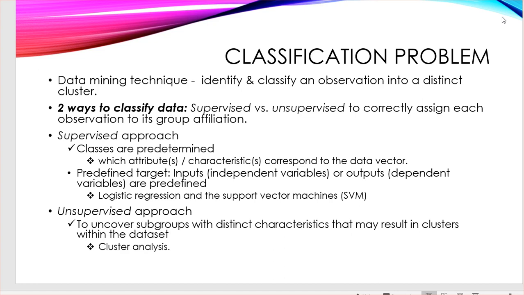So, when we use the unsupervised approach to classify data, the classes are not predetermined. We did not specify beforehand, based on the number of cigarette smokes per day, how we should classify that person: as non-smoker, light smoker, moderate smoker, or heavy smoker?